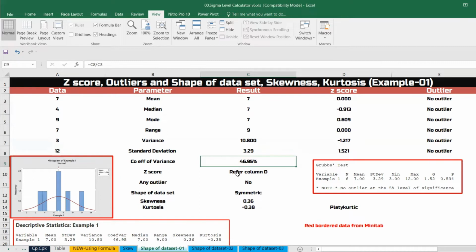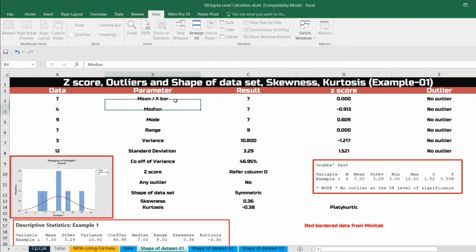And let's talk about the z score. The z score formula is a very simple formula: x minus x bar divided by standard deviation. What is x here? X is 7, minus x bar. The mean and x bar are the same, both are the same value, and divided by the standard deviation.